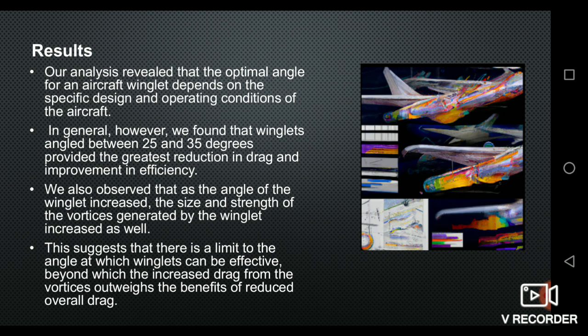Next, I also observed that as the angle of the winglet increased, the size and strength of the vortices generated by the winglet increased as well. When I carried out the experiment at 5 degree increments, I understood that when I increase the angle of the winglets, the size and strength of the vortices also increase.